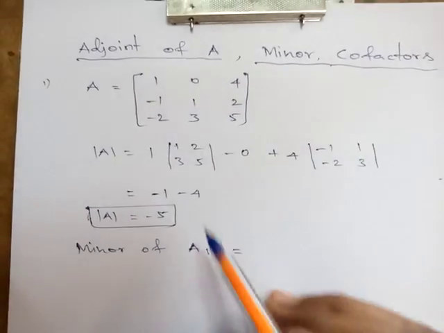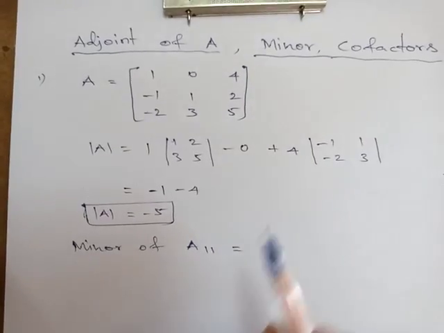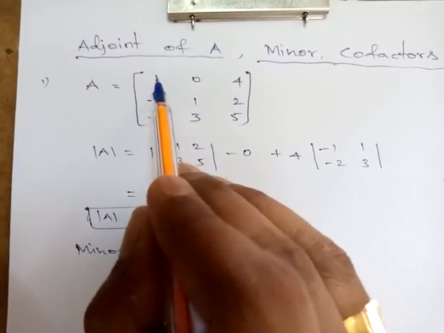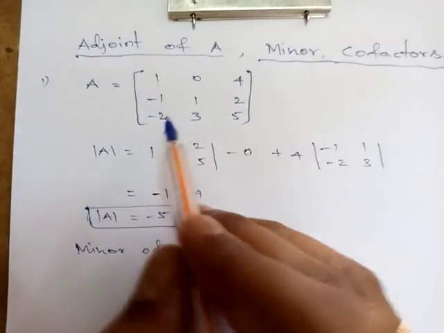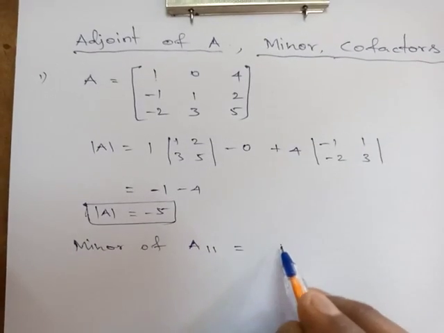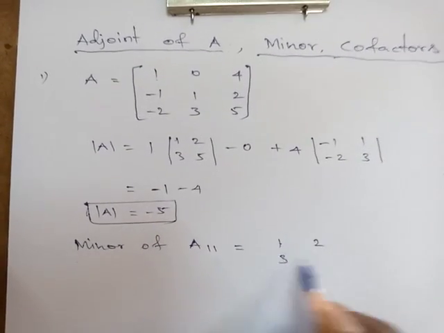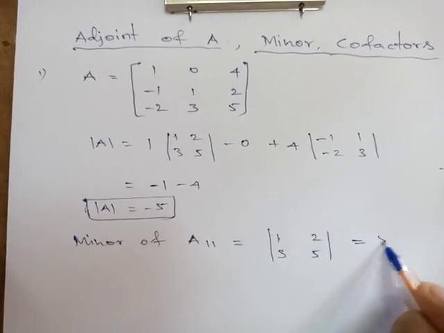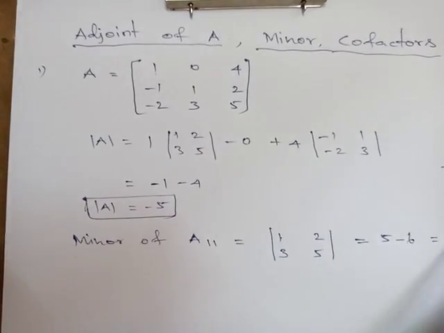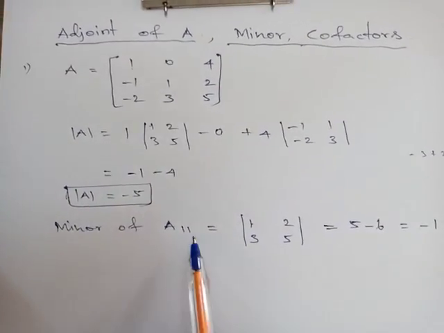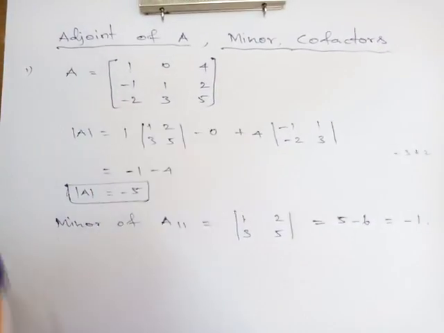A11 represents first row, first column, which is this element. For this element, what is the minor? Leave this row and this column, and we get a 2 by 2 matrix, 1 2 3 5. The determinant of that is called the minor. So 5 minus 6 is minus 1. Minus 1 is the minor of A11, that is, for the first element.